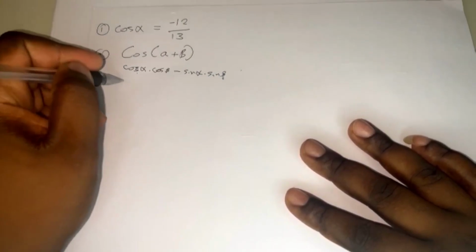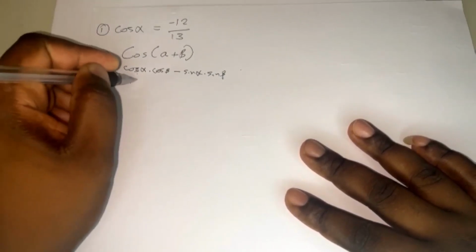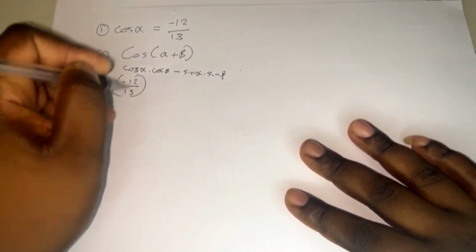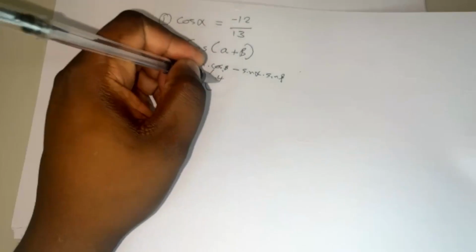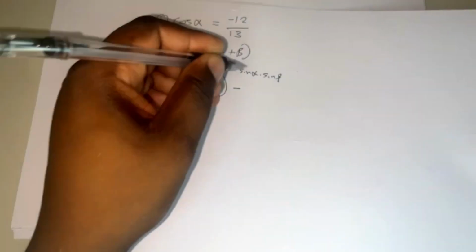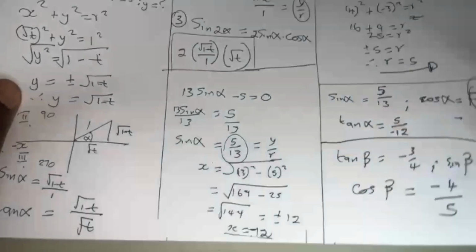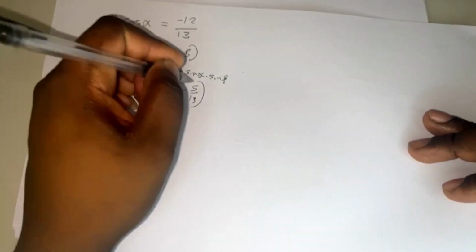So cos alpha is minus 12 over root 13. Cos beta, we just did cos beta. Cos beta is minus 4 over 5. So we put minus 4 over 5, minus sine alpha. Sine alpha is 5 over 13 into brackets.